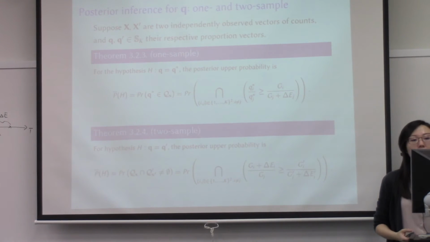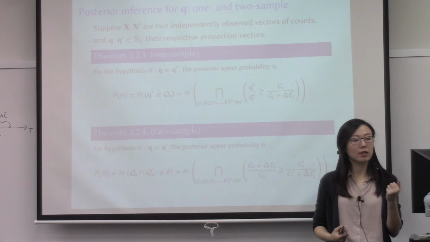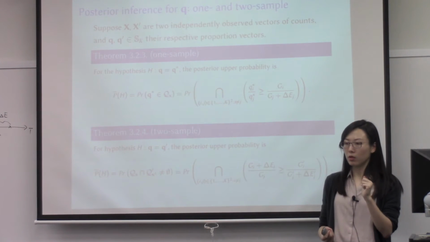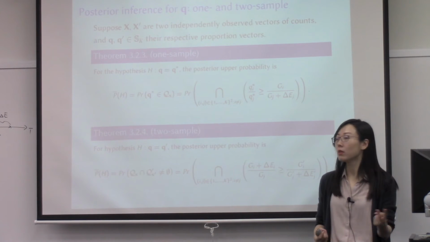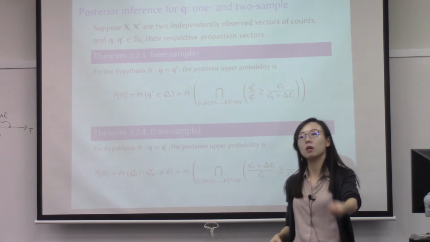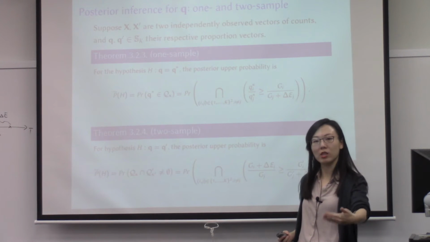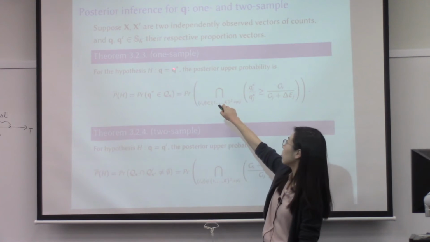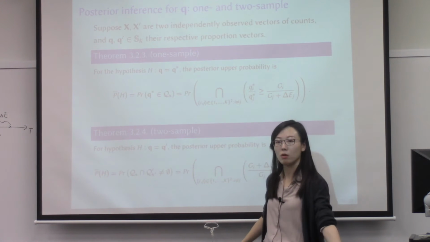And with this, we could express the posterior upper probabilities for one-sample tests and two-sample tests. How do I test for the hypothesis that the proportion vector that generated this data is equal to a particular value that I'd like to know?